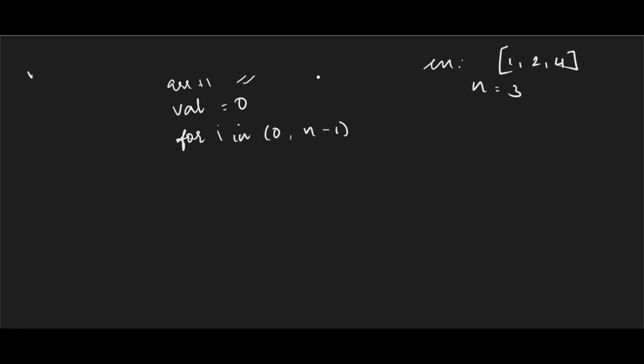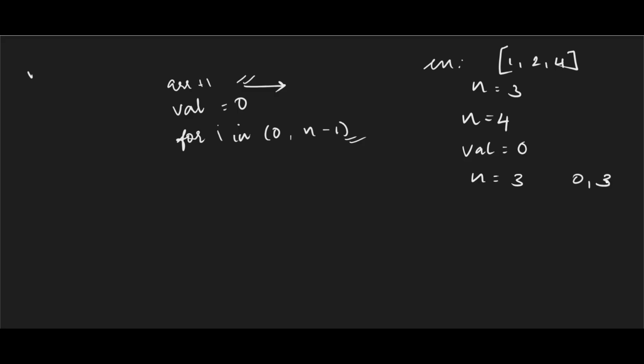So here in the first line of code, we are initializing the n value and then the value of the variable val, and then we are starting the for loop. Why we are writing n minus 1 is, in the first line n value will become n plus 1. That is, if the example is 1 2 and 4, originally n value will be 3, but since we are adding plus 1, the new n value will be 4. So when we are initializing the for loop, we need to iterate through the given example array.